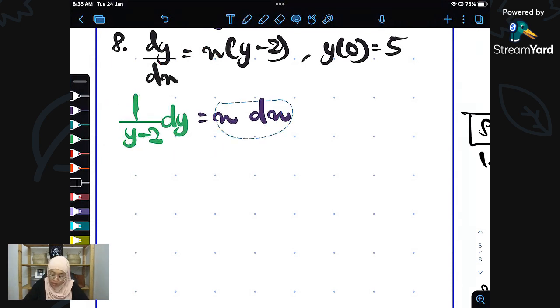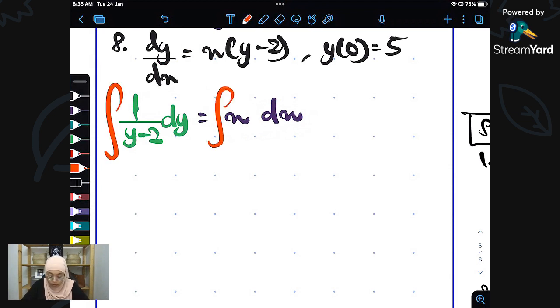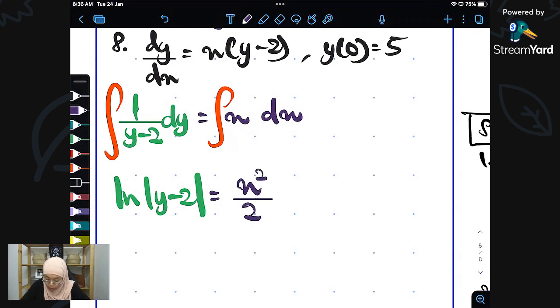Step 1, separate, team Y and team X. And then we integrate them. So integrating 1 over y minus 2 dy gives me ln|y minus 2|. And on the right hand side, x squared over 2 plus c. And so I stop there.